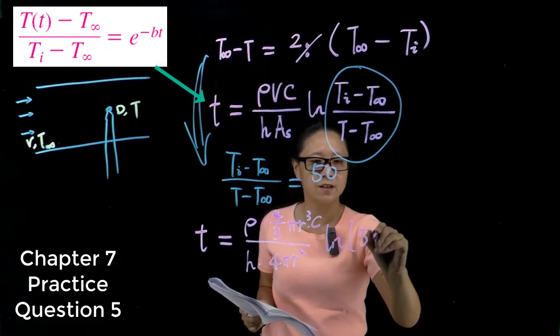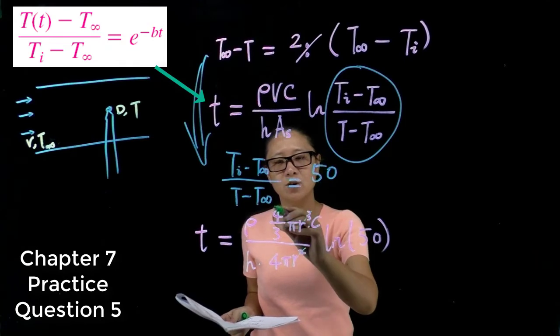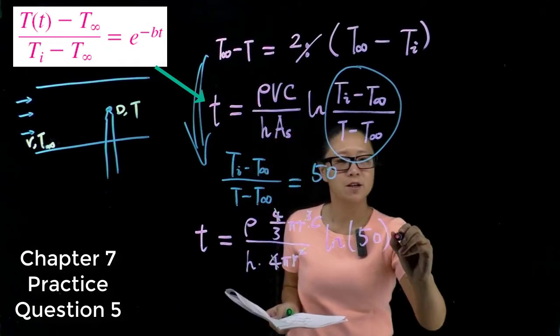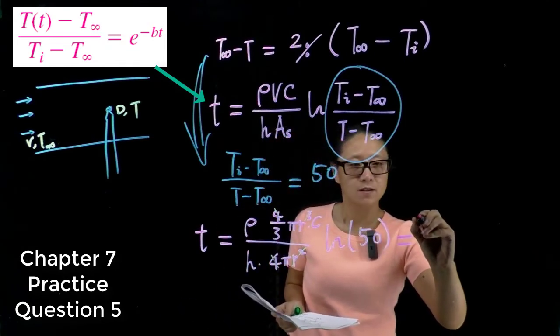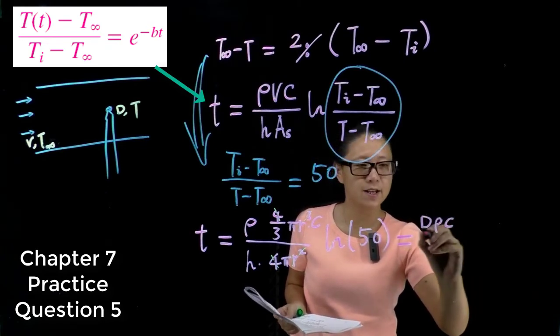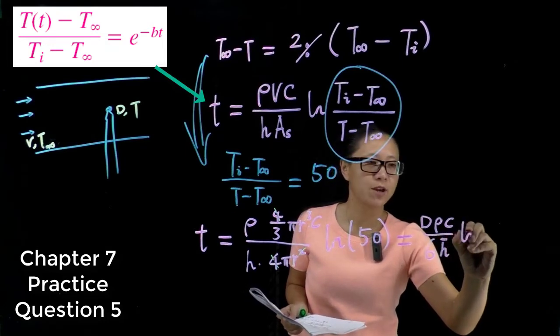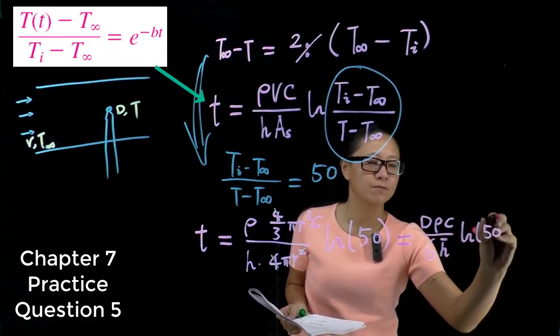This is 50. Let's cancel out the r squared, cancel out the 4. And this would become diameter times density times c divided by 6 times the average convection coefficient, and we have natural log of 50.